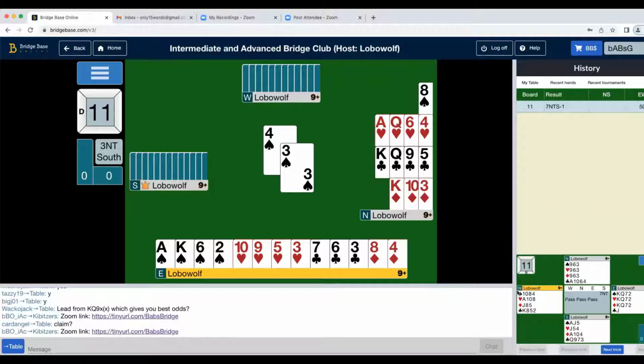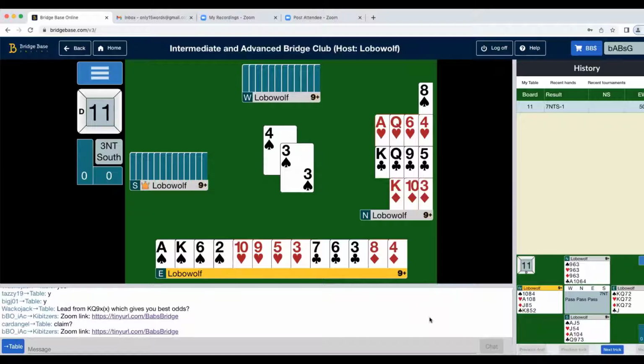So our play doesn't matter if declarer's spades are as good as Queen Jack third, because we're certainly going to play either the ace or the king at this trick, and then that's going to set up a trick for declarer. If declarer's spades are as good as Queen Jack third, declarer gets a trick. If declarer doesn't have the Queen of Spades, declarer gets no tricks.